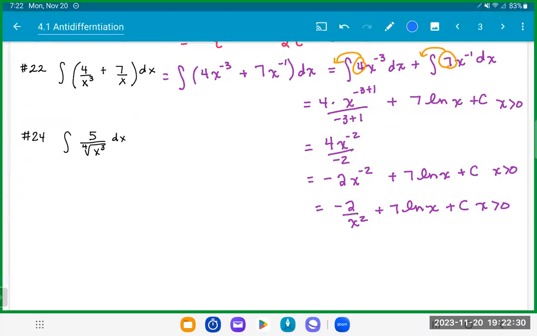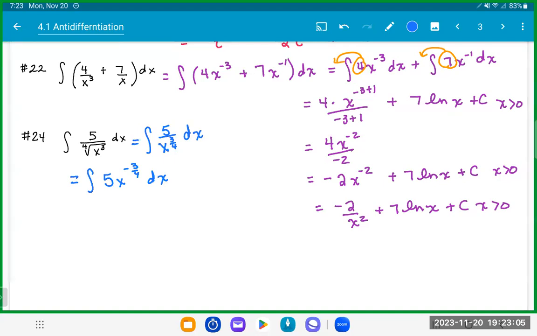Okay, so for this next example, similar to the previous problem, let's bring all of that up into the numerator. So we end up with the integral of 5 over x to the 3/4 dx, and that equals the integral of 5x to the -3/4 dx.